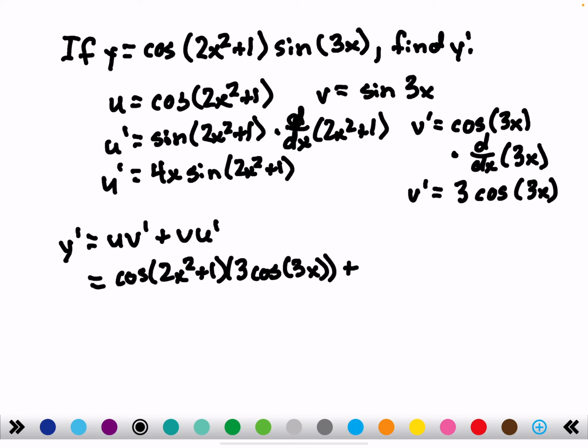And this would be plus v, which is sine of 3x times u prime, which is 4x sine of 2x squared plus 1.